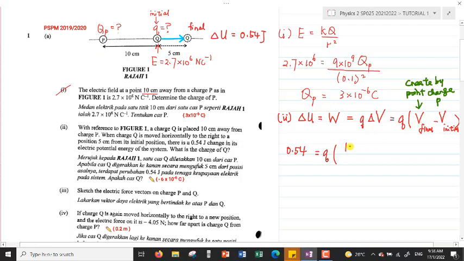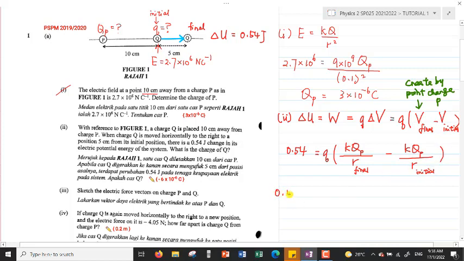So we have V = kQ, where the Q here will be Q_P, over r, the final distance from point charge P, minus V initial, which is kQ_P over r, the initial distance.